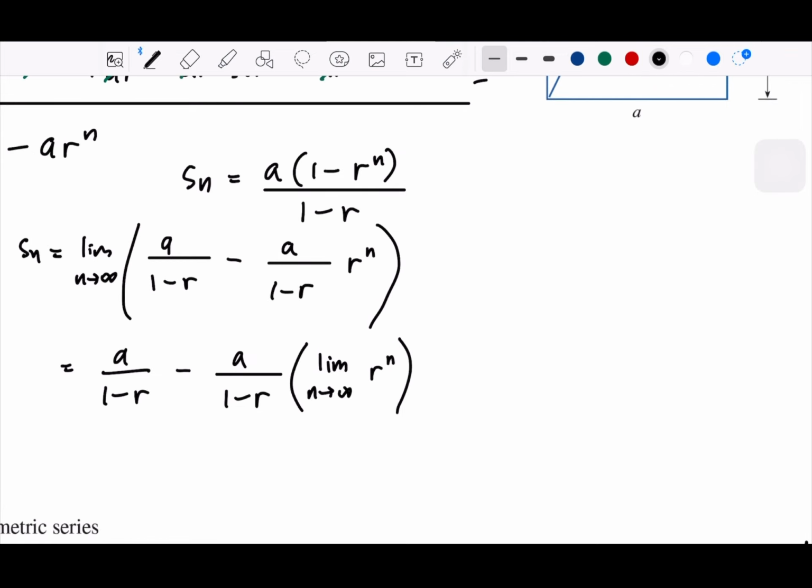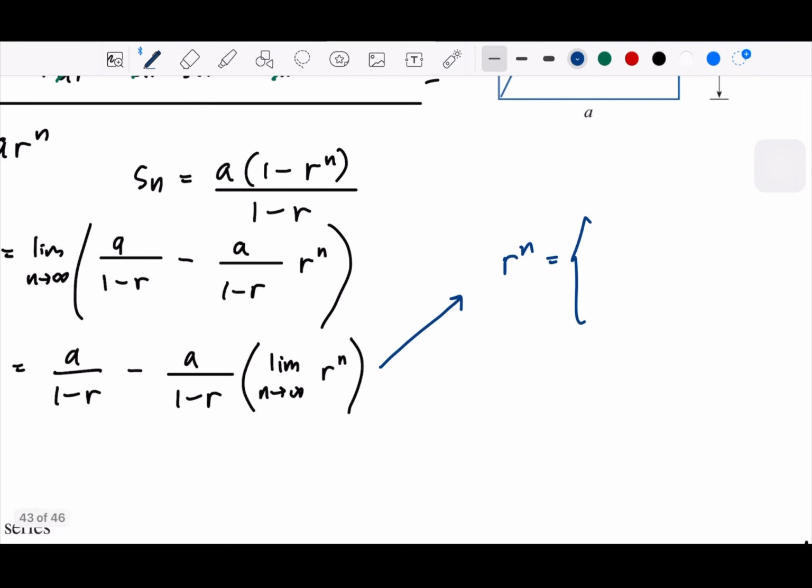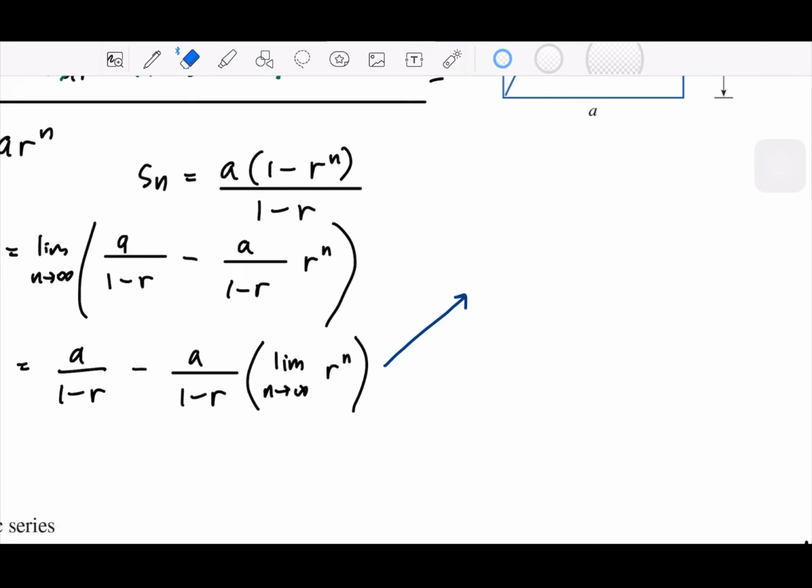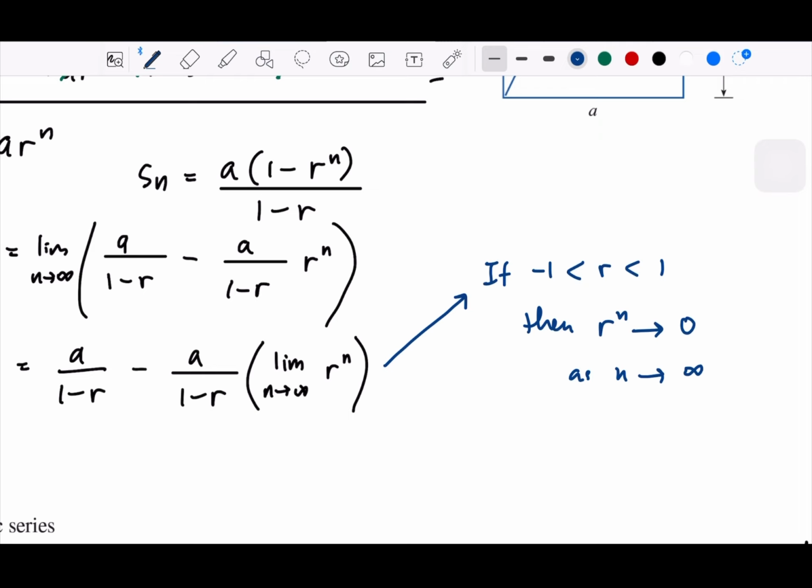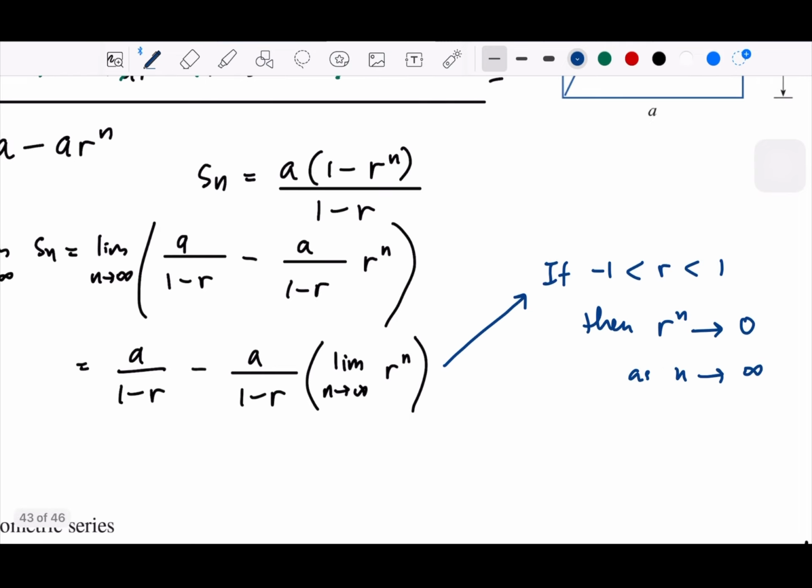So from the previous examples in sequence, I think we mentioned that if we take R to the n, let me write here, if R is between -1 and 1, then R to the power of n will approach 0 as n approaches infinity. Or we could take the limit as usual, R to the power of n, and this will be equal to 0, because this will be a constant over infinity, which is 0.